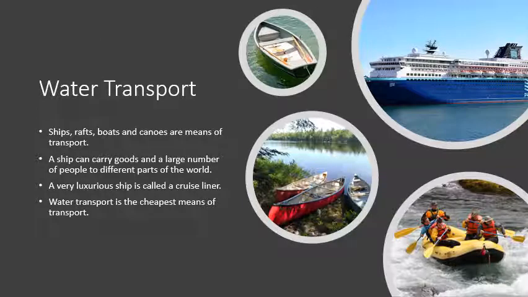The next means of transport is water transport. Till now we have studied land transport. In the starting we studied that there are three types of transport: land transport, water transport and air transport. Land transport we have already studied. Now we are going to study water transport.